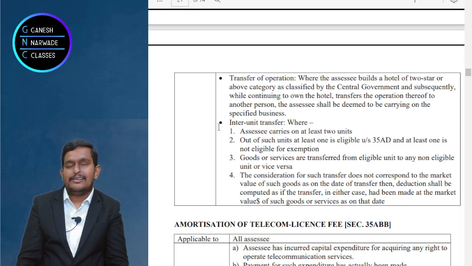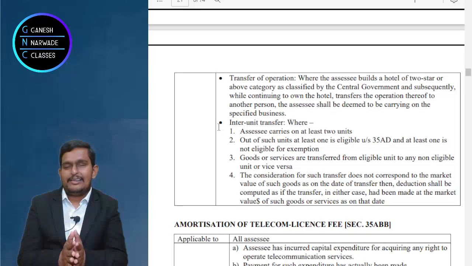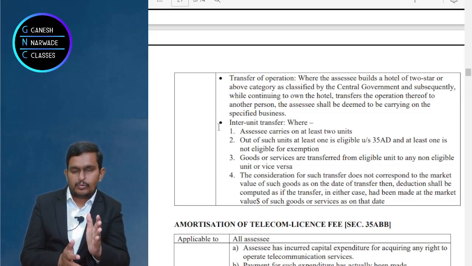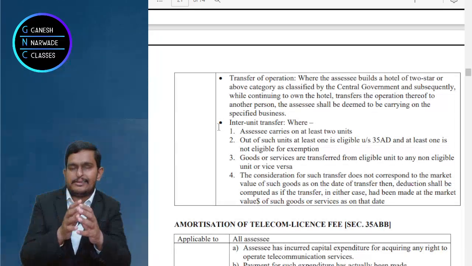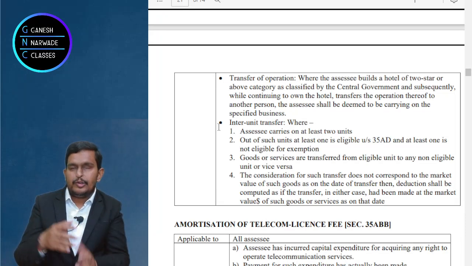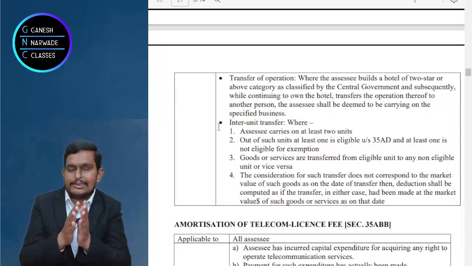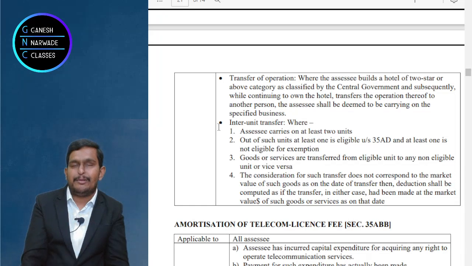Now understand, for all the businesses, rule 1 is that you should start the business, set up the whole thing and operate also. That means if you just set up the pipelines for petroleum, it is not enough. You should also operate that business. Then only will you get the deduction under 35AD. For all businesses the same rule.